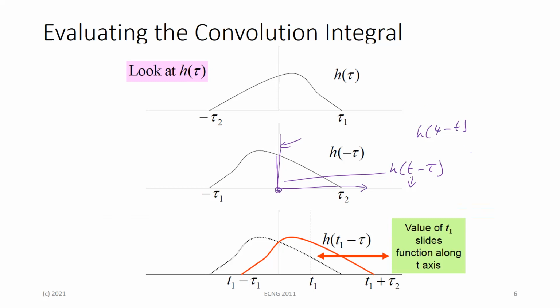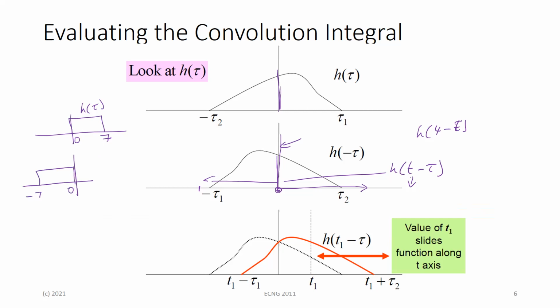If you look at the other one, h(minus 3 minus tau) would have sent it this way to some point minus 3. So depending on wherever t is, that is the zero point for the signal. Again, if I have a signal looking like this, if this is h(tau) going from 0 to 7, h(minus tau) is going to go from minus 7 to 0.